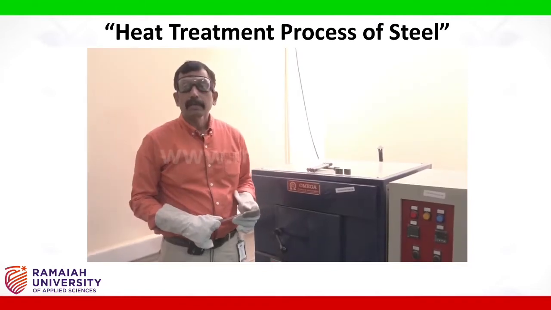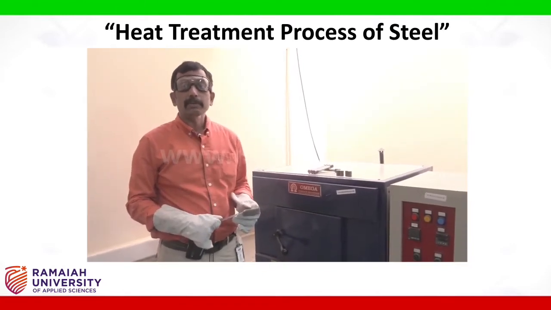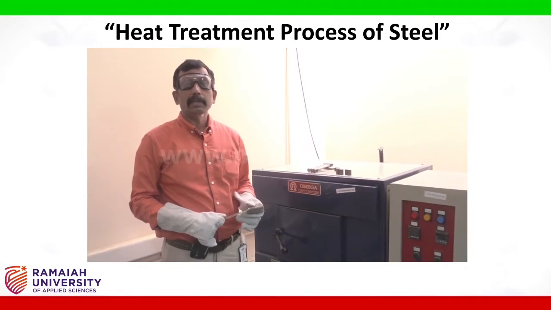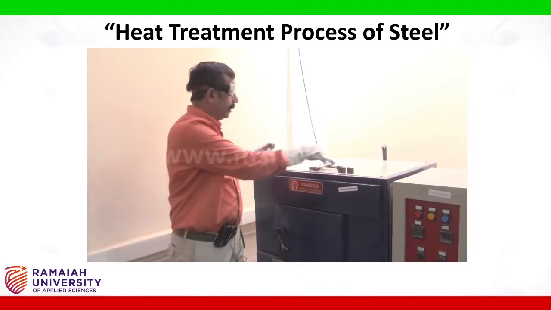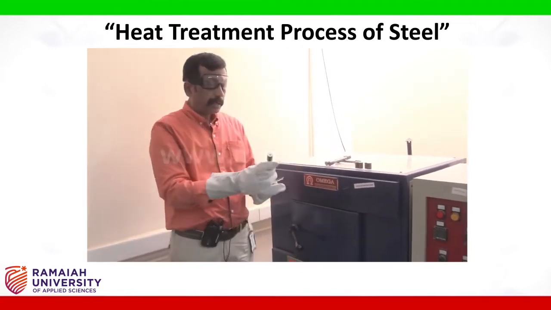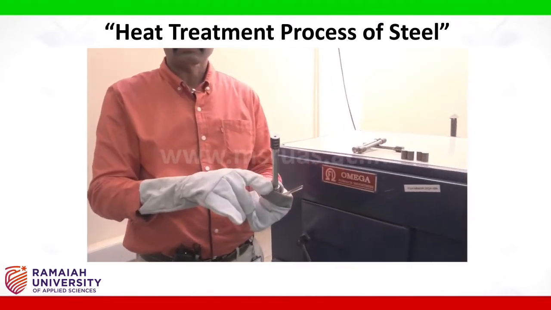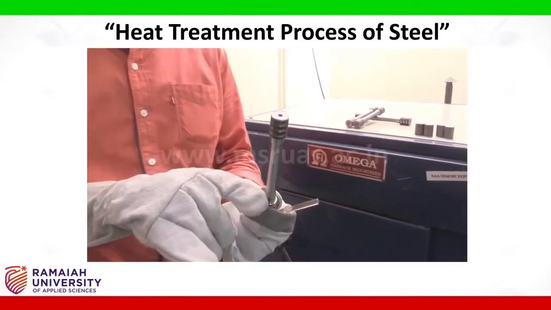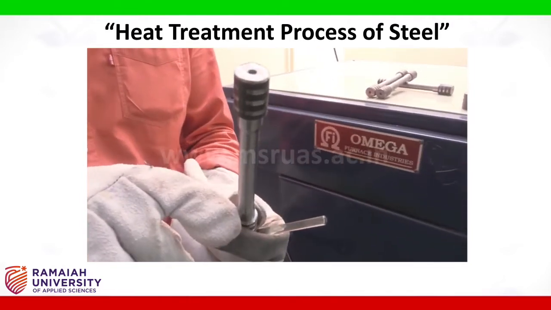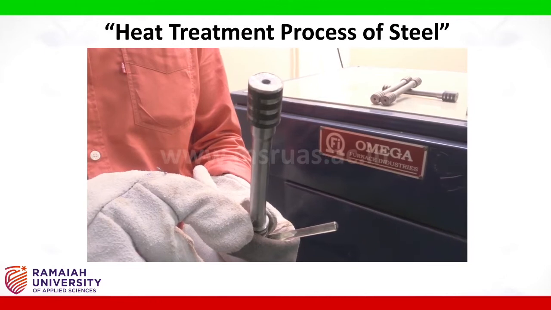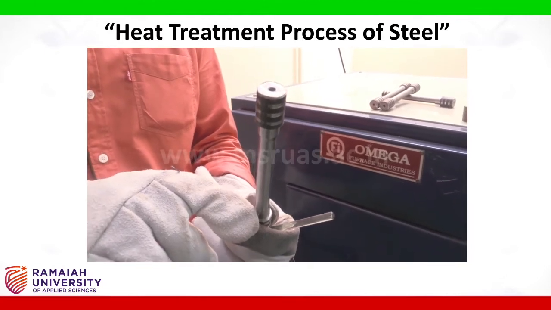Hi students, welcome to the heat treatment process on the medium carbon steel that we have selected. Here you can see I have taken medium carbon steel. This is used for the tensile test, as per ASTM E8, and it has a carbon percentage of 0.5%.